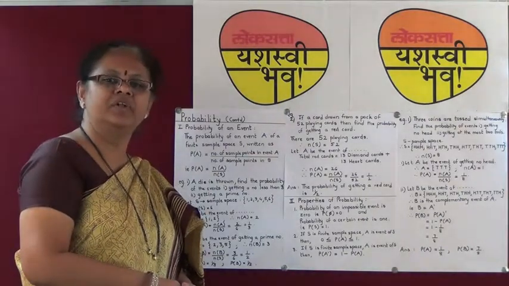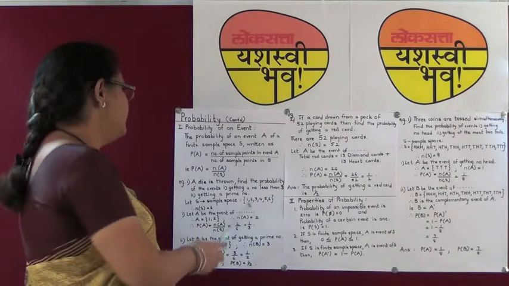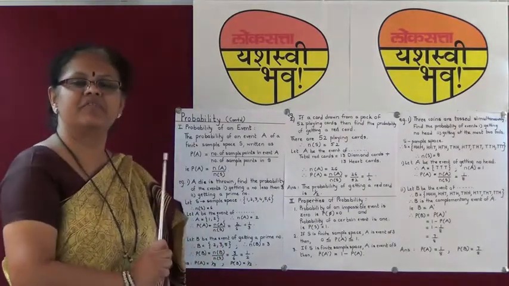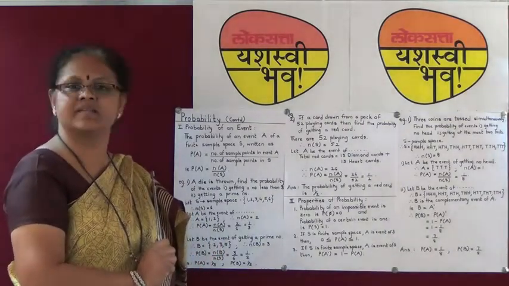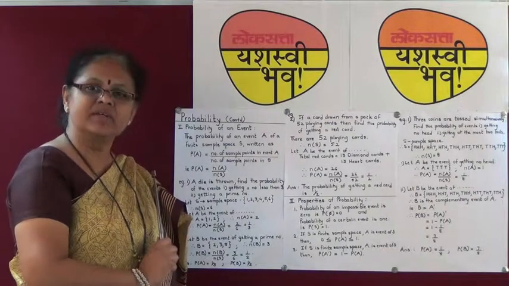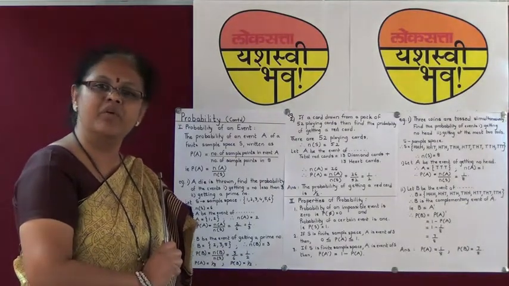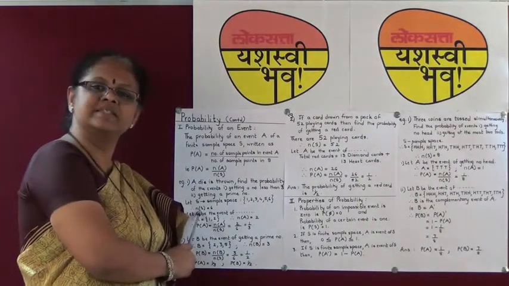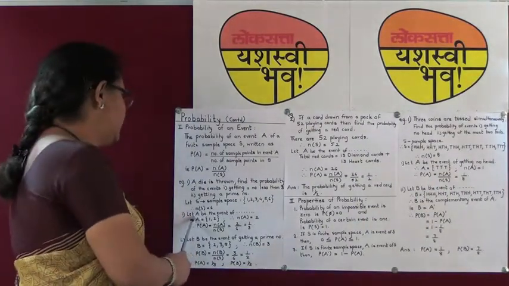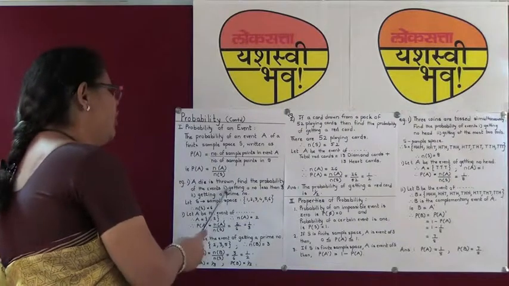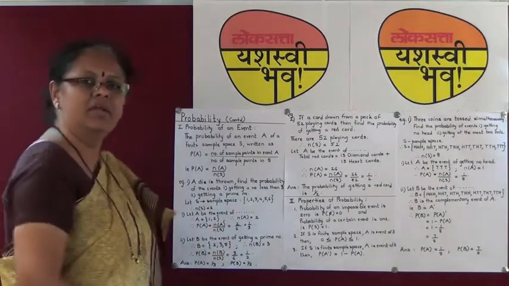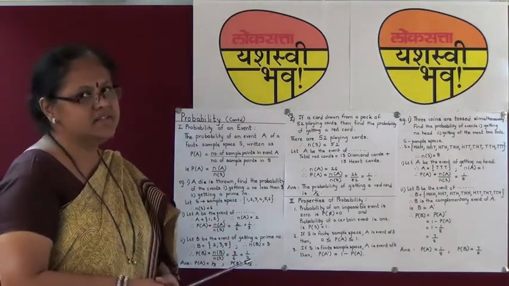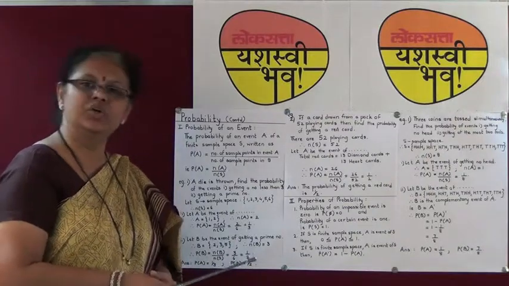Let us continue further with our sum. We have been given two events. The first event is getting a number less than 3. Write this in the form of the name of the event. So I have given here the name of the event as A, and I write the statement let A be the event of getting a number less than 3. Numbers less than 3 would obviously be 1 and 2.